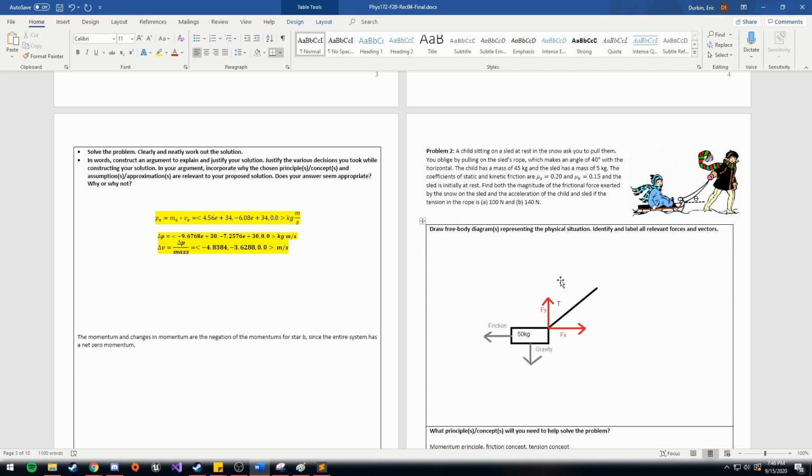Yeah, because it's still part of the system. But I wonder if that's why they gave us both, because they wanted us to think the kid undergoes static. I think it's just to confuse us. It doesn't actually apply to the solution because the child's acceleration is equal to that of the system's acceleration. I'm pretty confident that's just to confuse us.